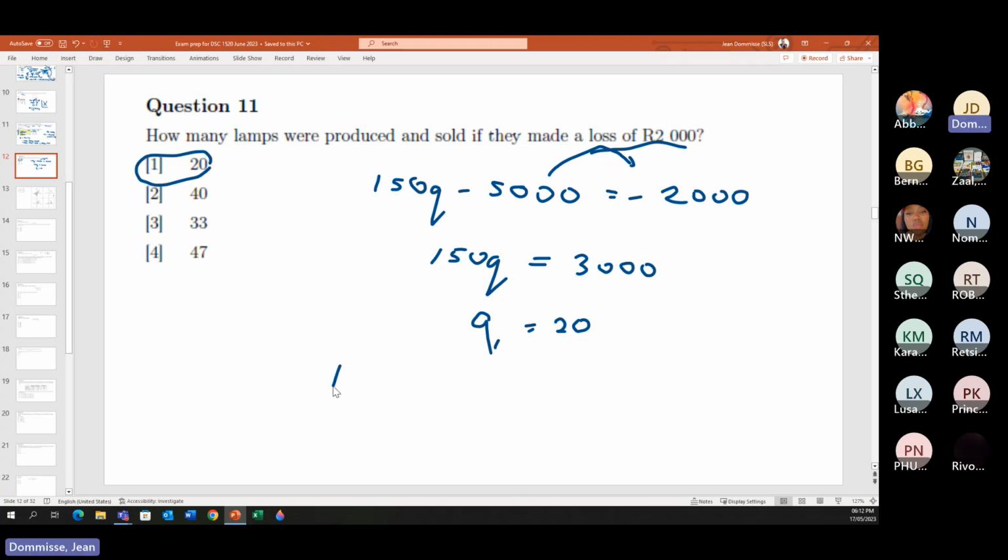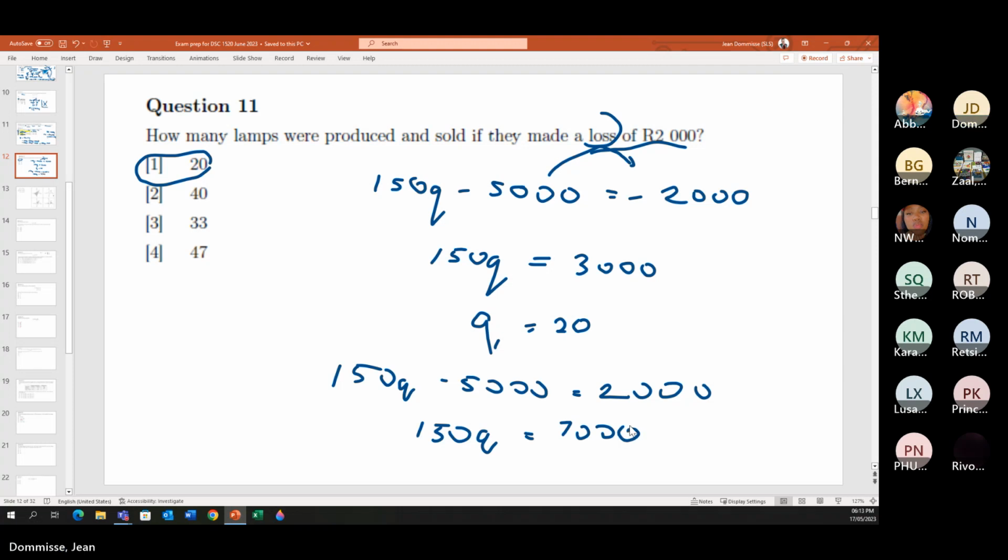If you set 150Q minus 5,000 equal to 2,000, so you did not treat it as a loss, you would have said 150Q is equal to 7,000, so 7,000 divided by 150 would have given you 47.